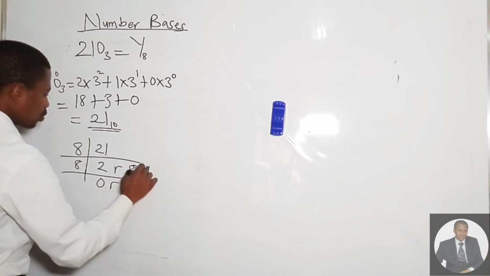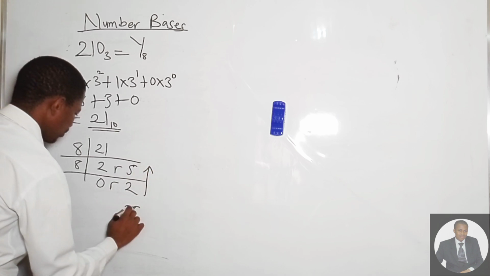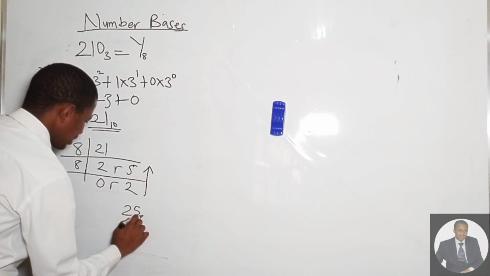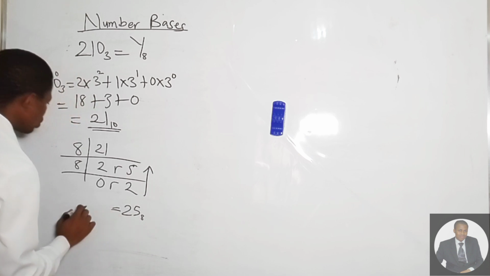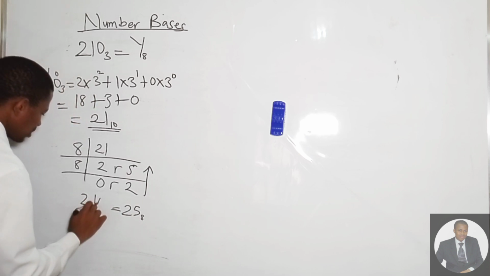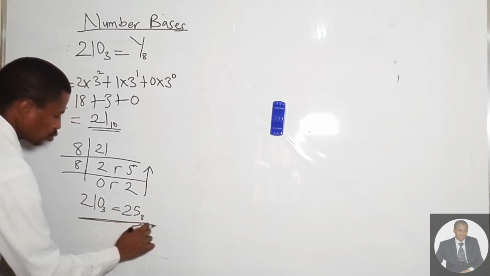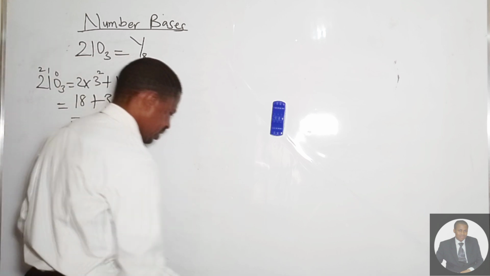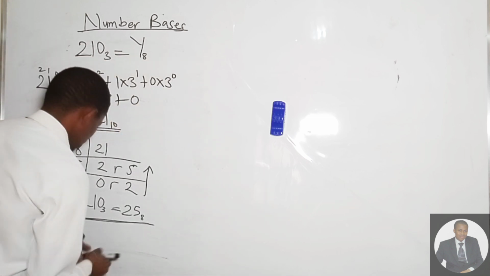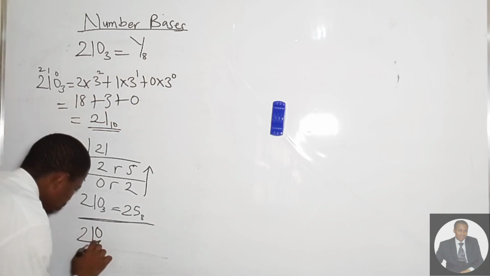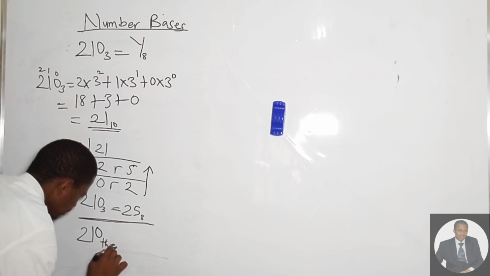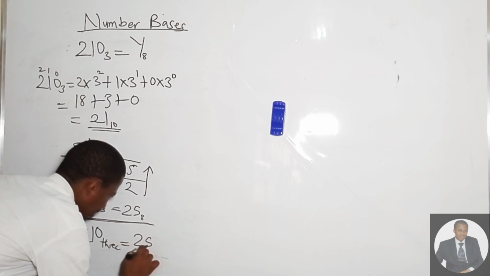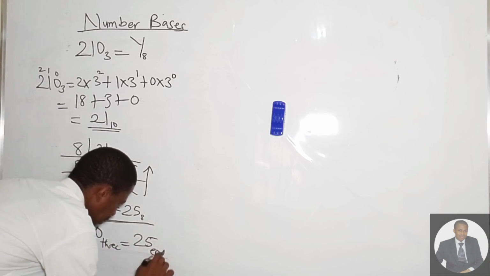Remainder 2. So our answer here will be 25 base 8, which is equal to 210 base 3. So 25 becomes our answer here. You can say 210 base 3 is stated as 25 base 8.